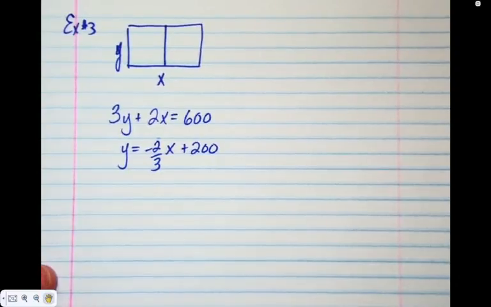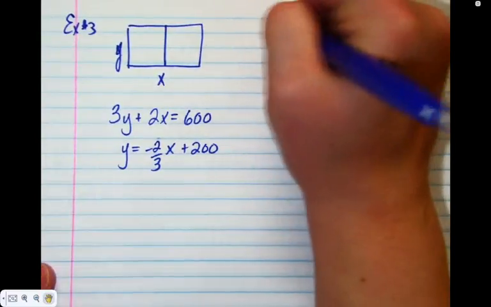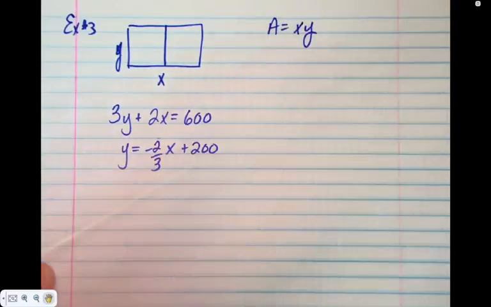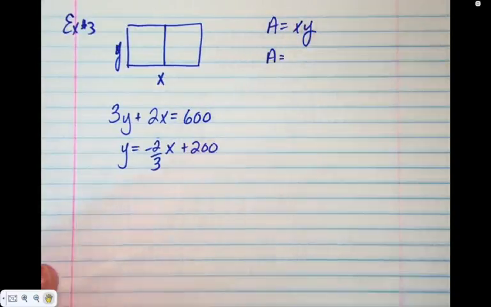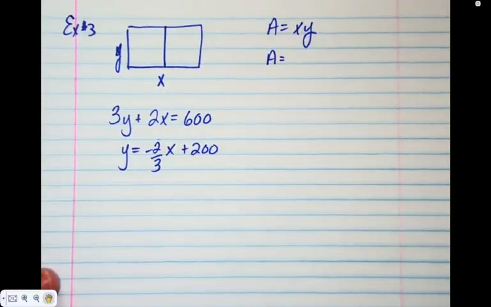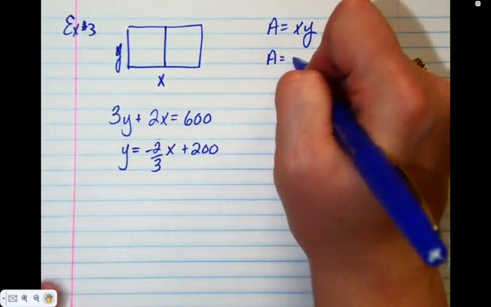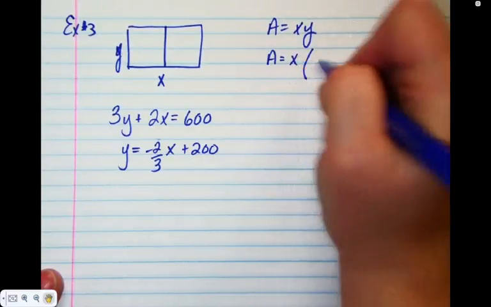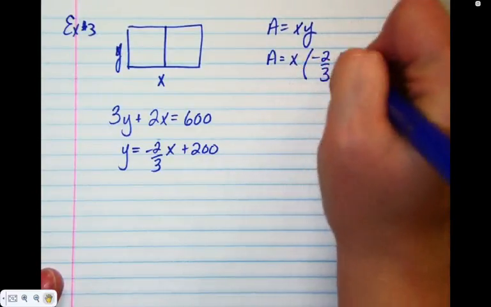Okay, what next? So look back to the first two, see if you can follow what we did next. Equals something x. A equals x y. And then you go A equals x... and negative 2, or x equals 2.